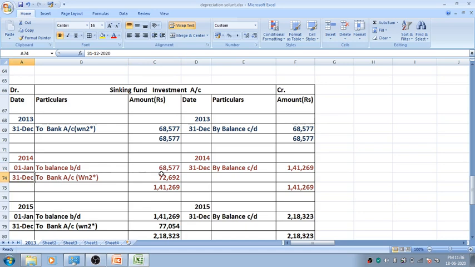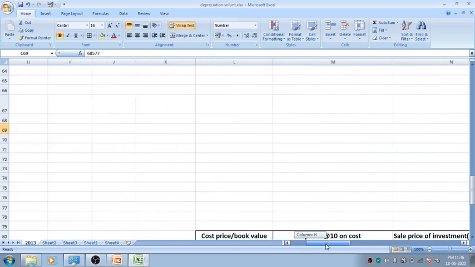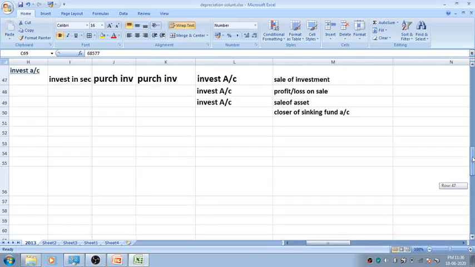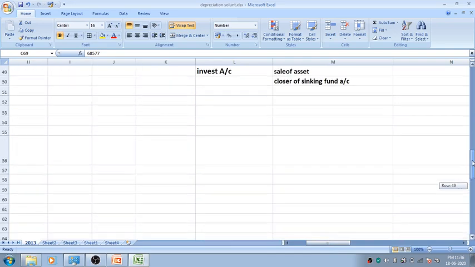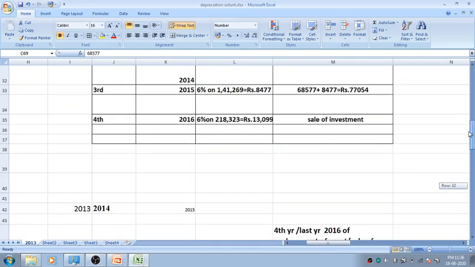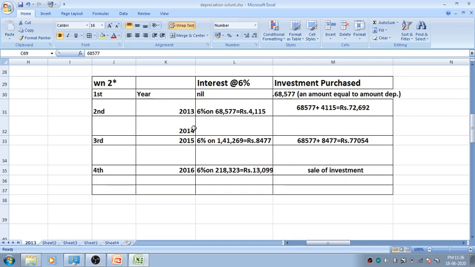So some balance we kept down and write the amount of purchase. Now how do we get this 72,692? In the first year we have seen the investment was equal to the amount of depreciation. In the second year it increases with the amount of interest.